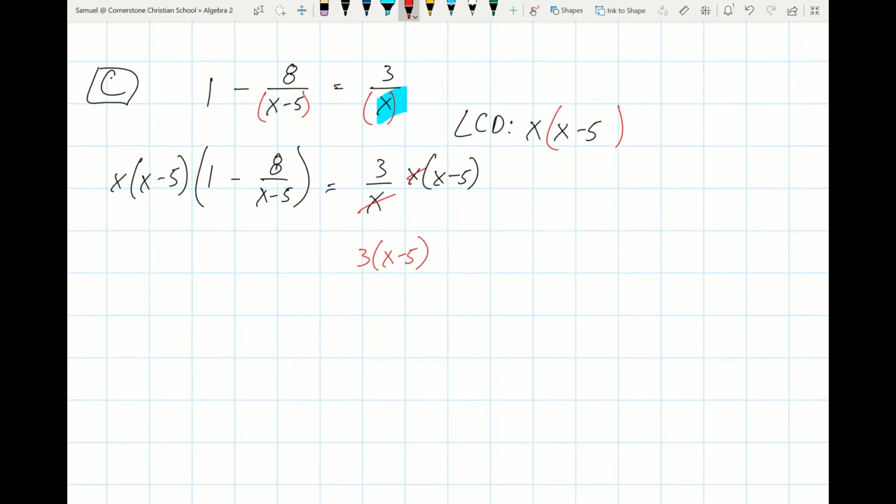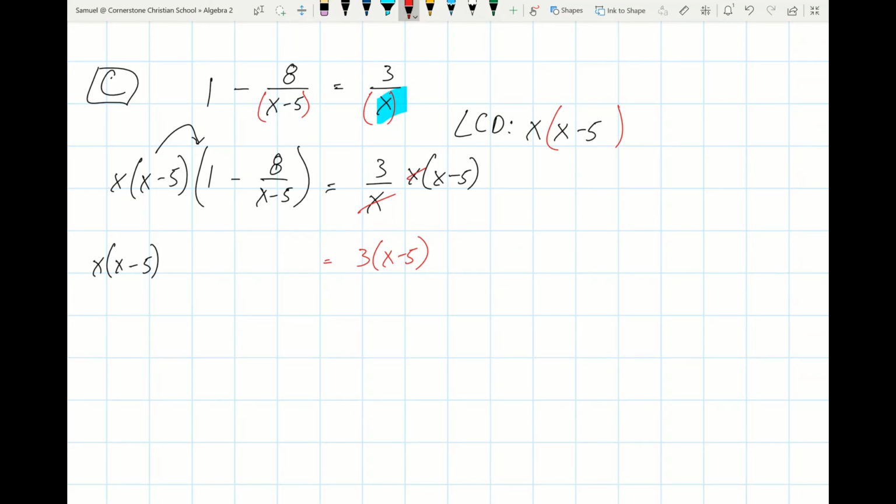On the left side, however, you need to remember that you're distributing to both things. So the x minus 5 and the x minus 5 don't automatically cancel, because I first need to take this times 1, and so 1 times whatever this is just going to be itself. Then I'm distributing that to multiply it here. So I'm going to rewrite it real quick.